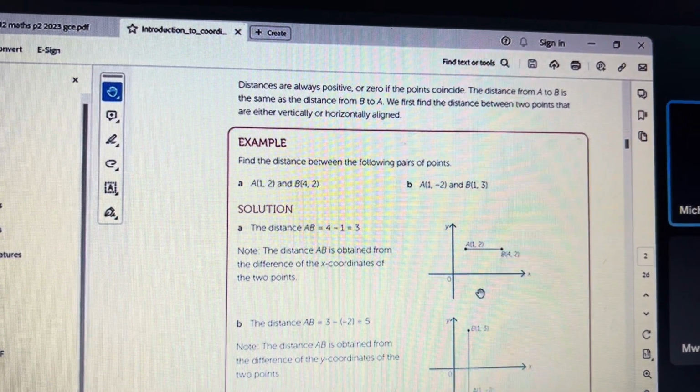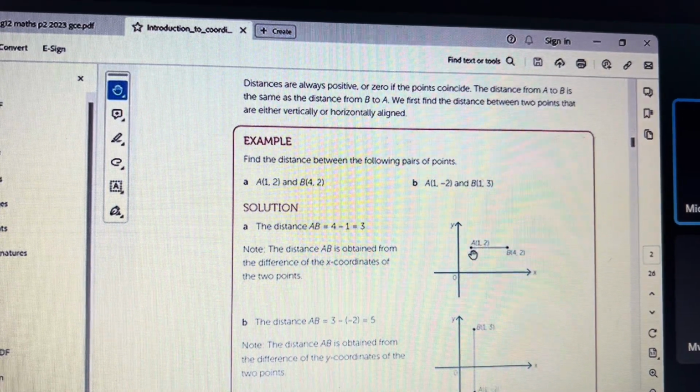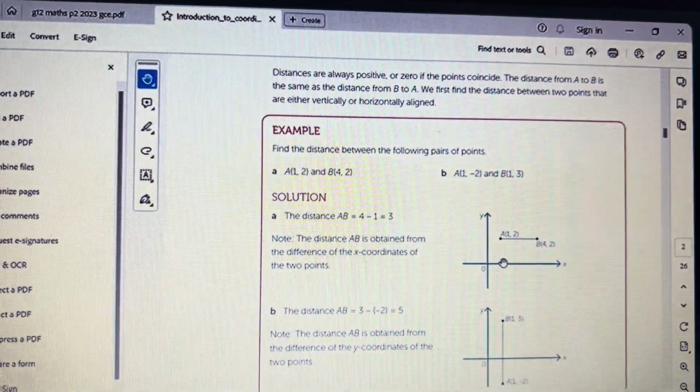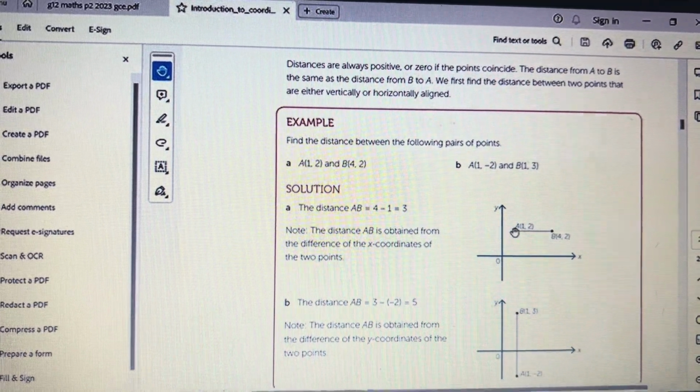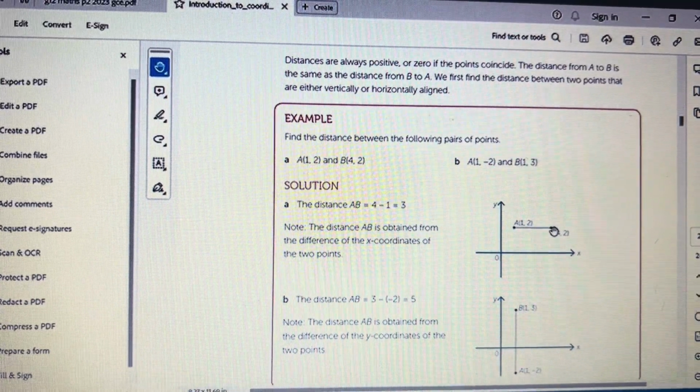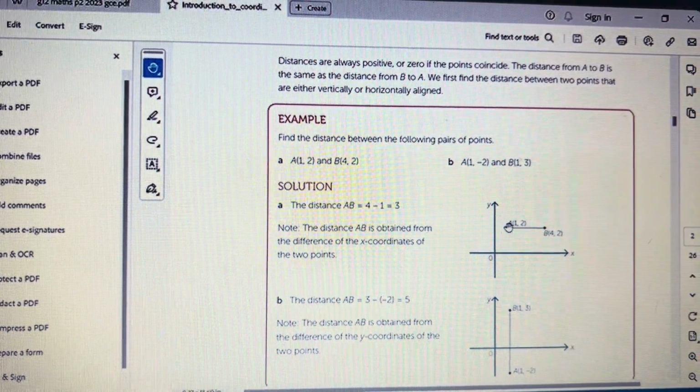So as you can see in the diagram here, point A is at a position that's 1 and then 2 units on the y-axis. And this one is 4 and then 2 units on the y-axis. So they're in the same line.